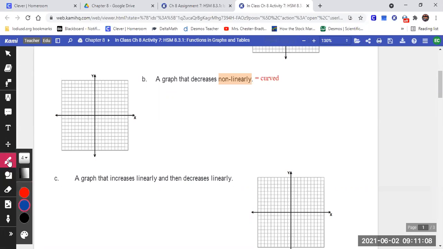As long as the y's go down as the x's come up, we're good. And it could have been anywhere. It could have been down here, only in this quadrant, or only in that quadrant. It's just as the y's come down, the x's are going up.